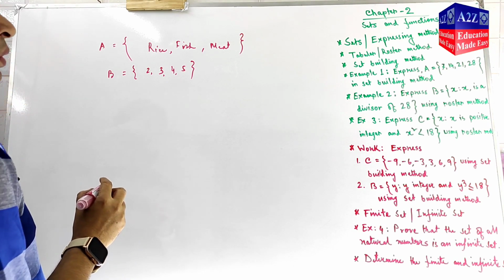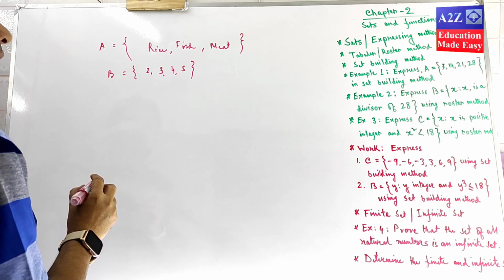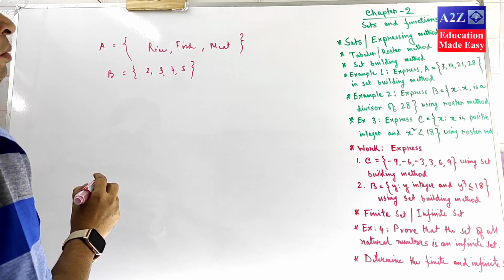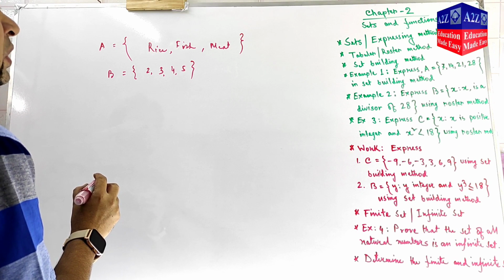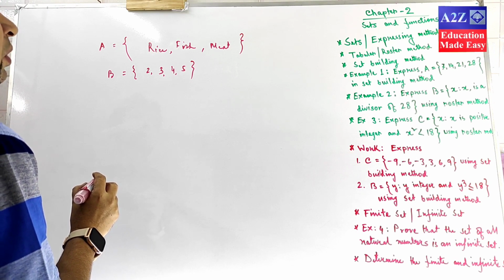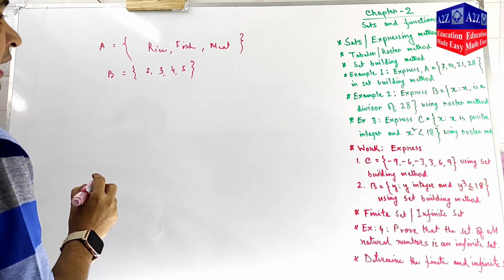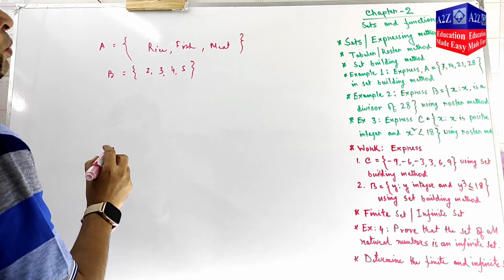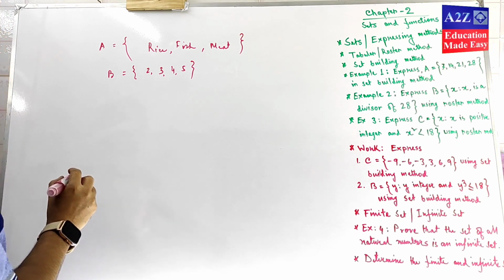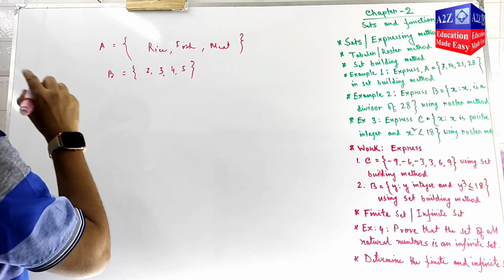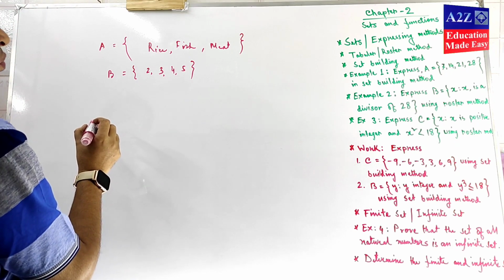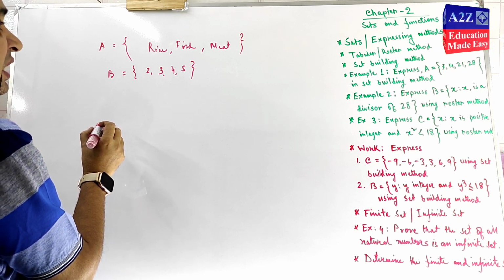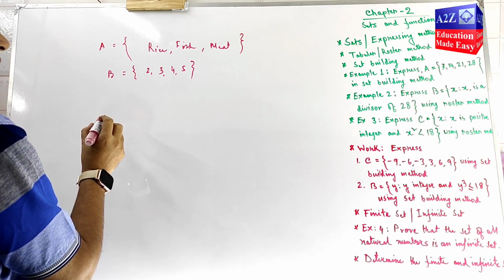And what is the set builder method? There are some sets which have an unlimited number of elements, where the items cannot be easily counted, and in that case we express the set using the common properties of the elements. Say for example, I would like to prepare a set of all even numbers ranging between 10 to 40.